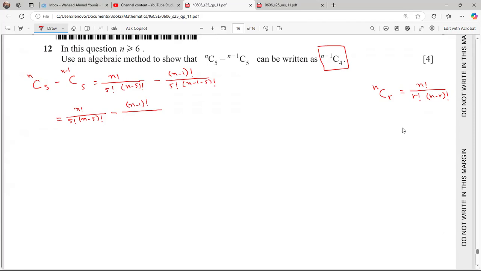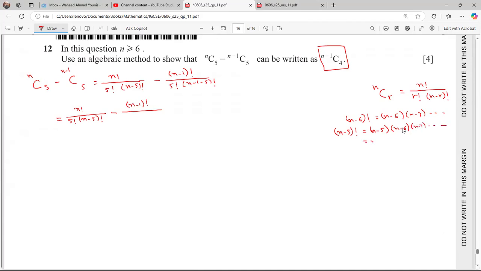Now (n minus 6) factorial means n minus 6, then n minus 7, and so on. If I have (n minus 5) factorial, it would mean n minus 5 into n minus 6 into n minus 7, and so on.